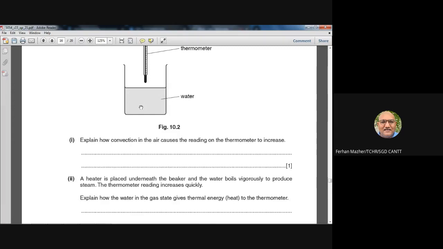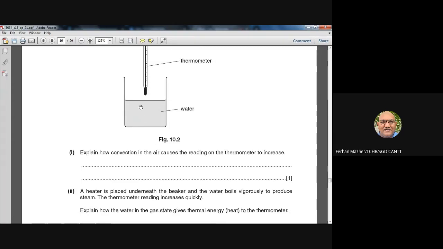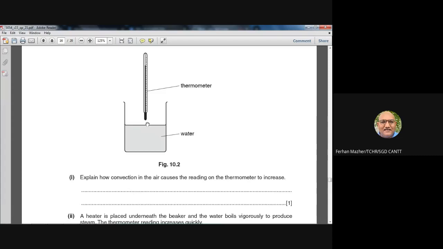The air here, which is in contact with the surface of the water, the air here will absorb the thermal energy, and this air molecules, they will move away from each other, and the air will become less dense. So this air will rise upward, and the cold air will come down.